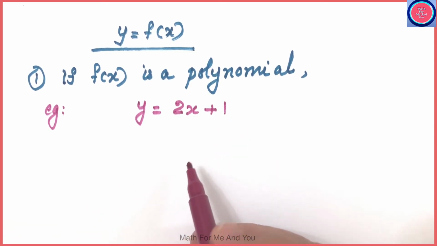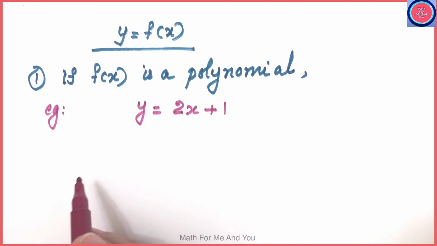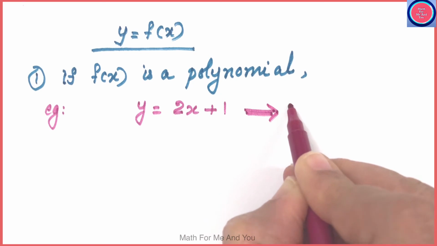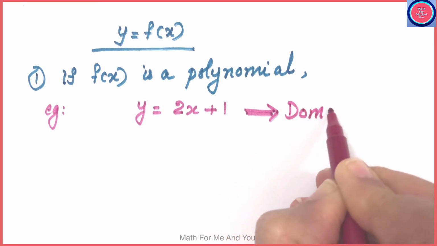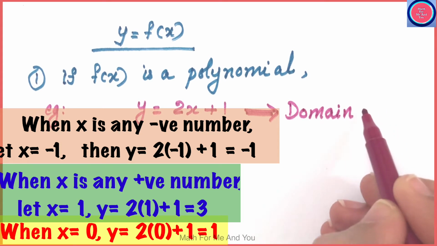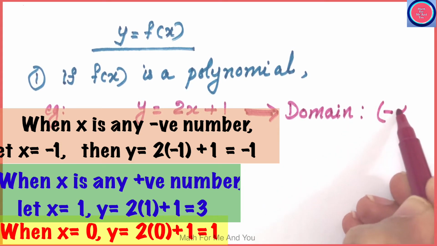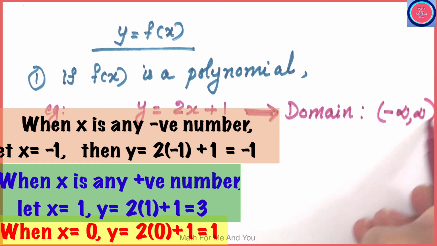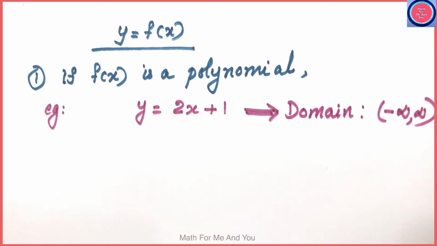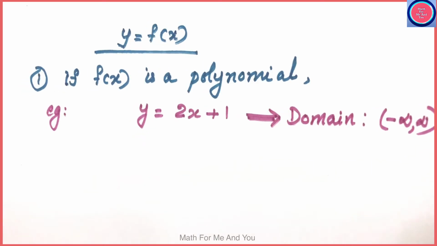First we can start with a linear polynomial. Here I have taken y equals 2x plus 1. What values can we put for x, or what is the domain of this function? We can give negative values, positive values and 0, because if we put any value for x, we get an answer for y. That's why it is well defined for all the values from minus infinity to positive infinity.